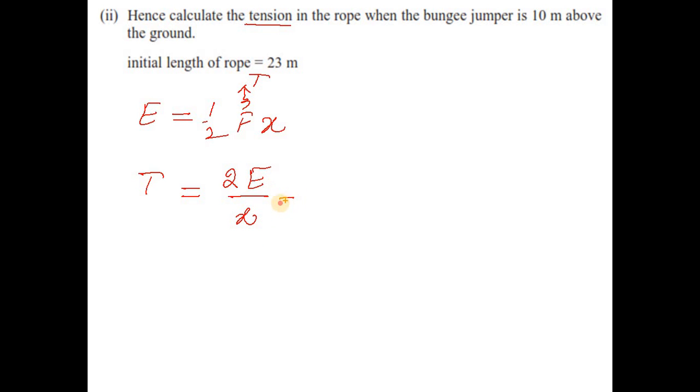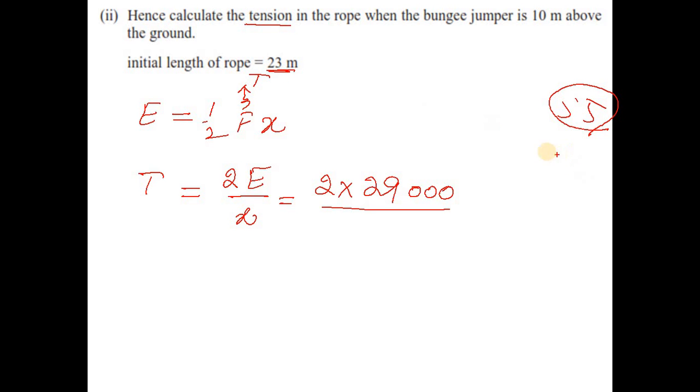E you have already found, 2 times 29 kilojoules from the previous part, and the extension. The total stretched length was 55 from the platform to the safe jump. This is the total length, and out of this total, 23 was the initial length.